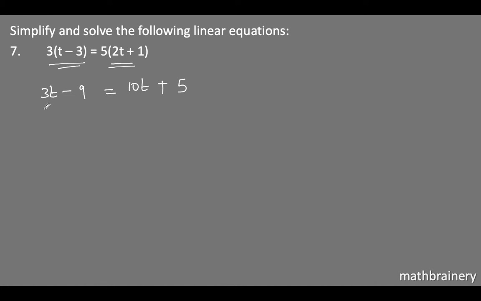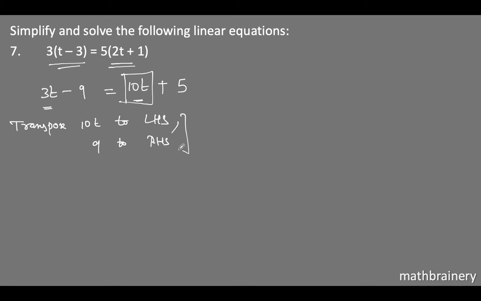So now you have 3t and 10t, that is the two variable terms on both sides of this equation. Okay. So let me transpose 10t to the LHS, that is 10t which is here on the right hand side, and this 9 which is on the LHS to the RHS.